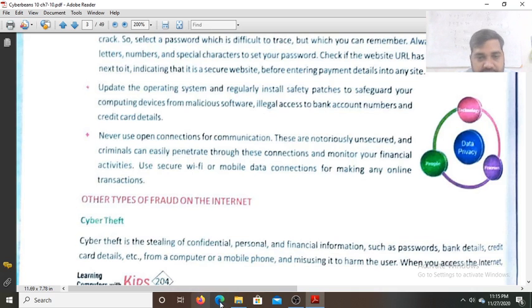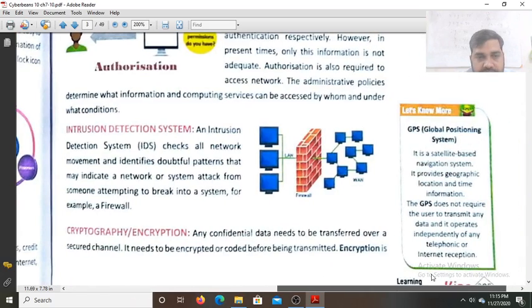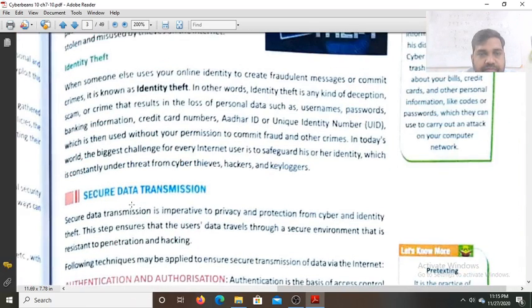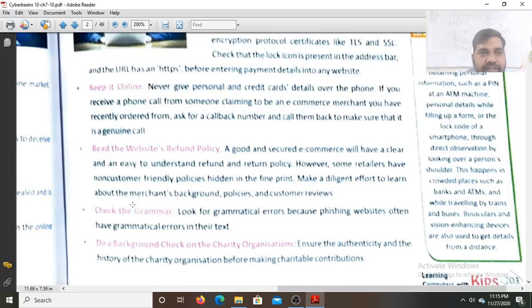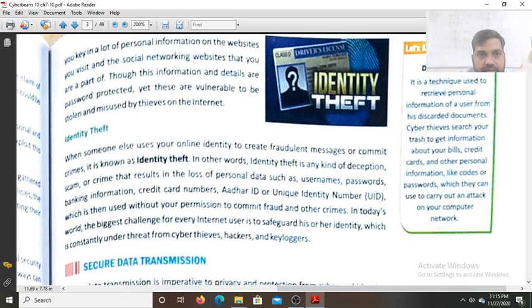So when you access the internet, you enter a lot of personal information on the websites you visit and the social networking websites that you are a part of.